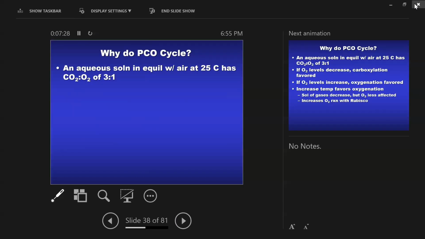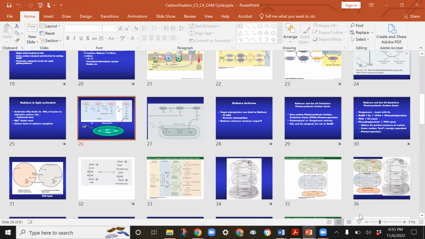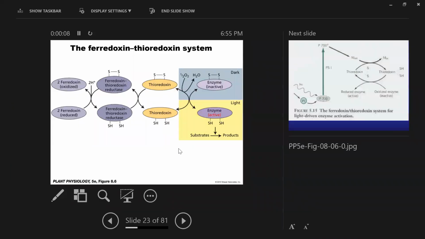What else? We got 26, looking at this one. Yes. So the enzymes in the Calvin cycle need light. The reason they say that, as shown here, is that the enzymes work off this principle where you need to get ferredoxin in its reduced state.